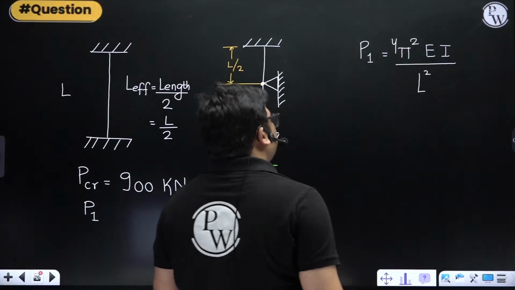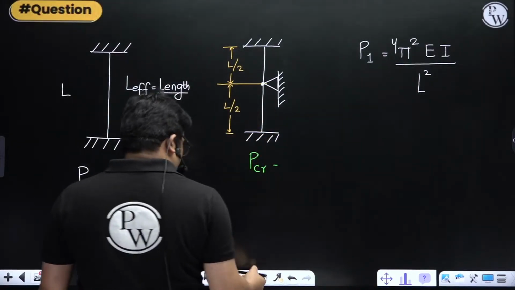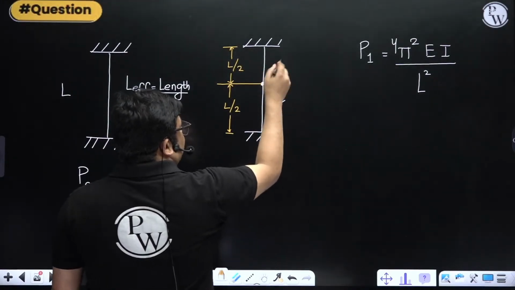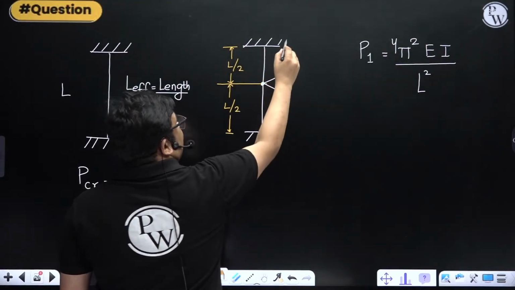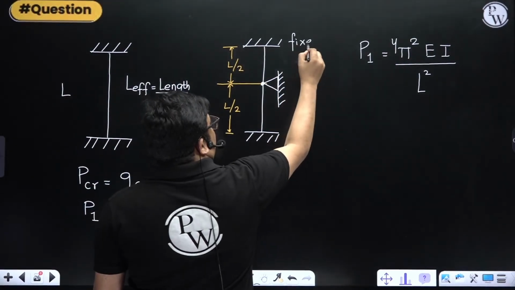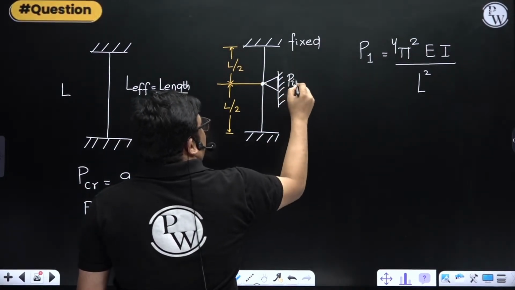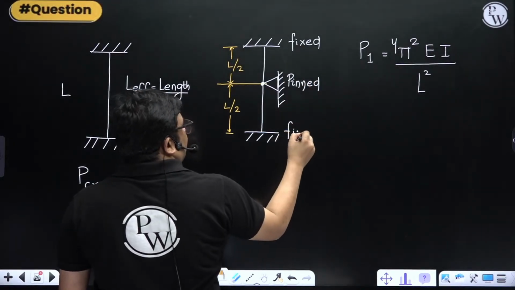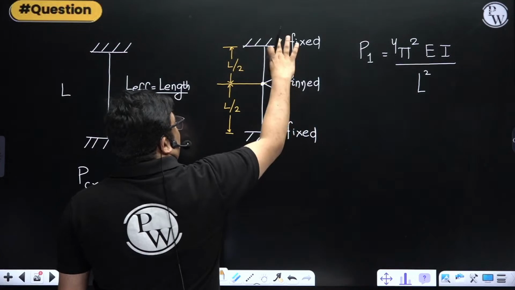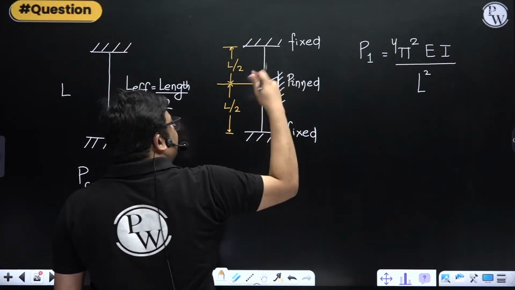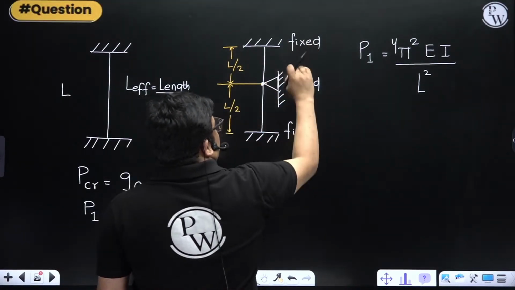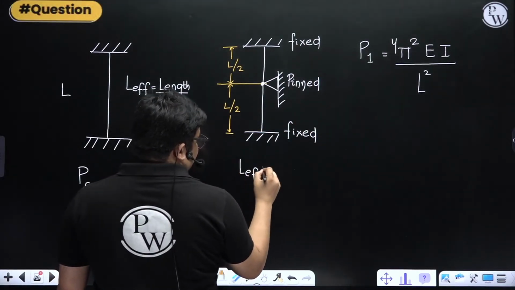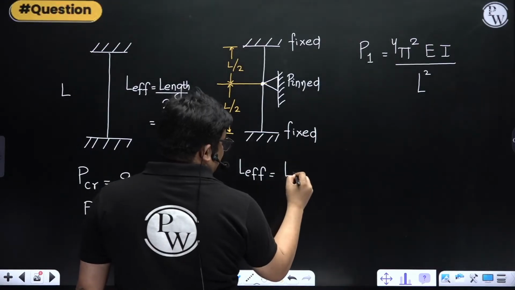Now for this column, one end is fixed and the other one is pinned, right? If you see the top one or bottom one, they are both the same conditions. So identical 2 columns. Either this or this, any one fails, it is failure. So fixed and pinned. In this case, what is the effective length? The effective length will be equal to length by root 2.